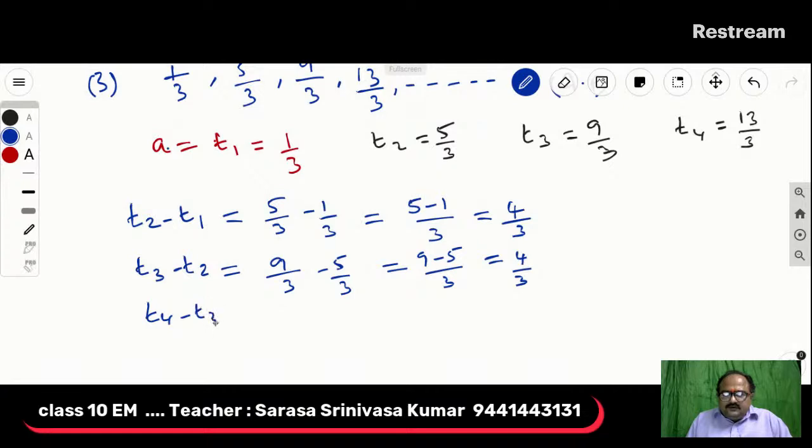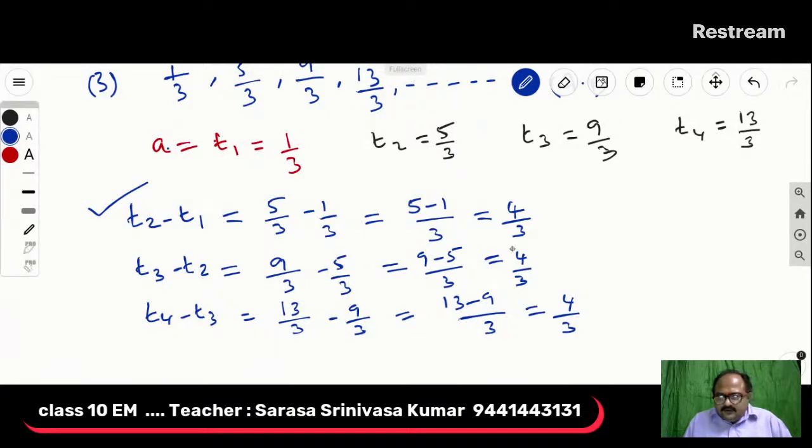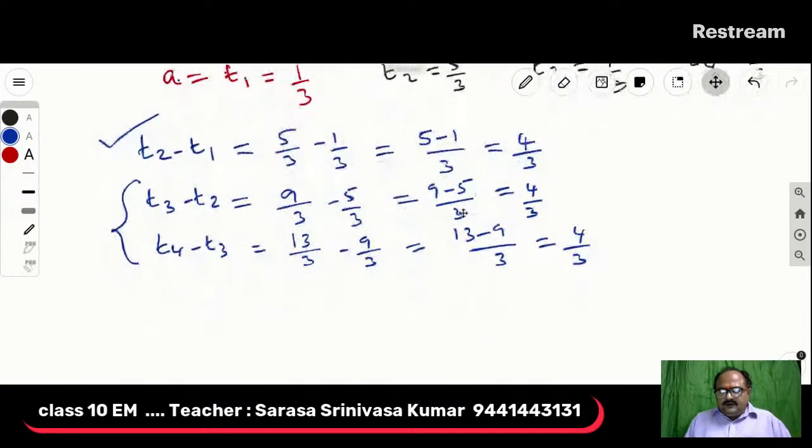T4 minus T3 equal to 13 by 3 minus 9 by 3 equal to 13 minus 9 by 3 equal to 4 by 3. Here we simply calculate only one value in the examination. These two are not required. I am doing it here for verification purposes.